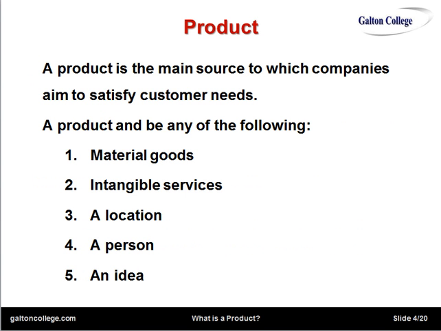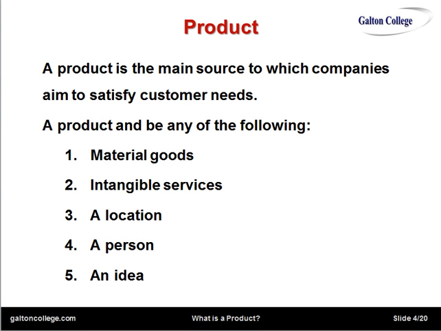A product is the main source through which companies aim to satisfy customer needs. Customer needs are seen through, if you like, the lens of a product. Customer needs are what needs to be addressed, and the product addresses the needs, and the business makes the product.